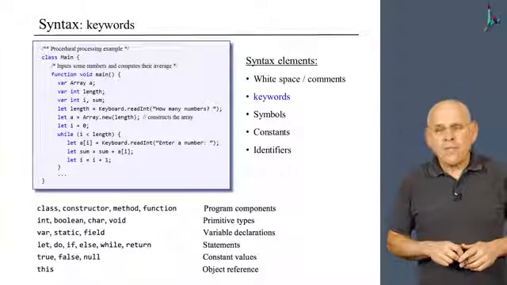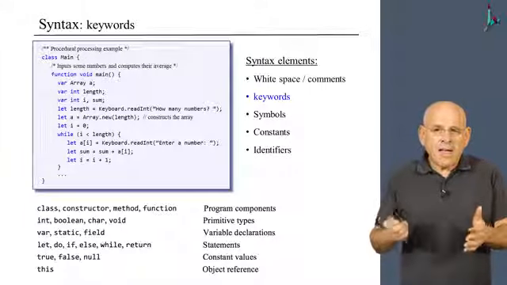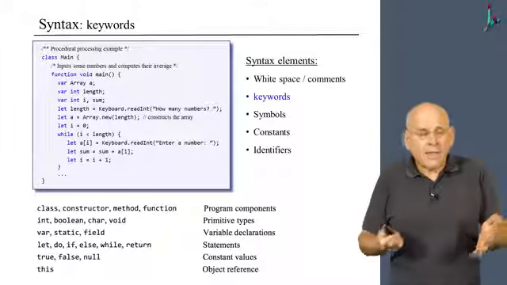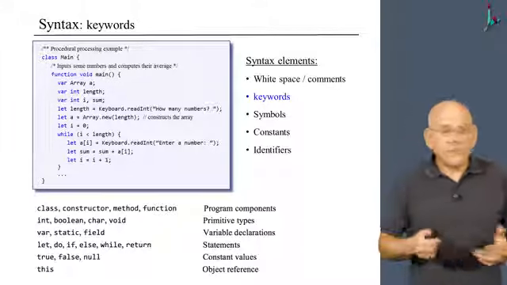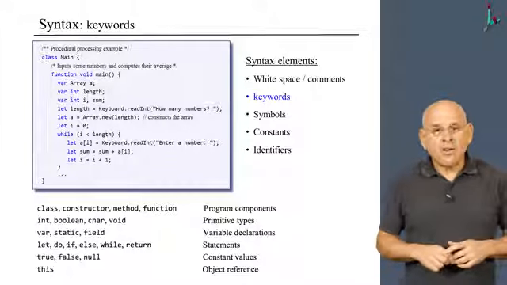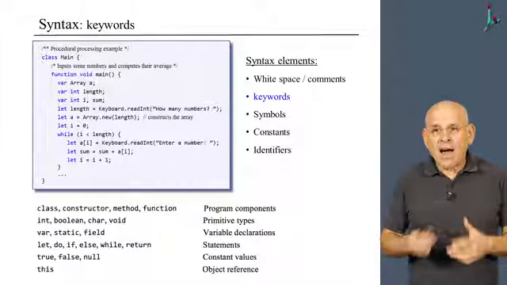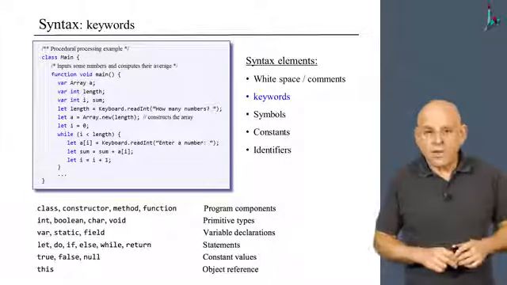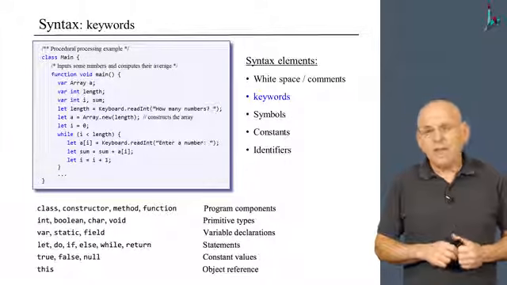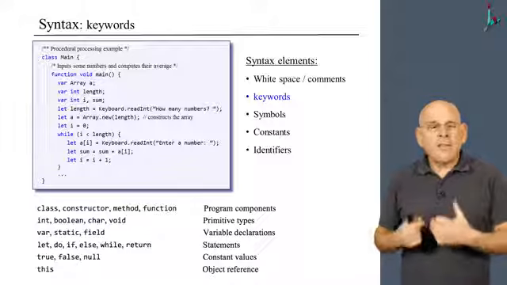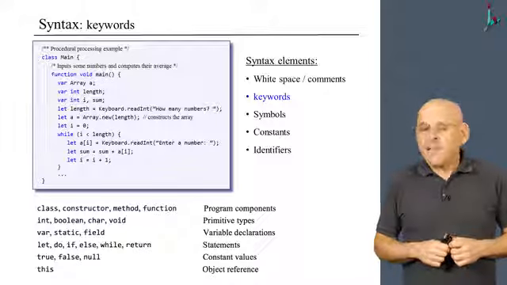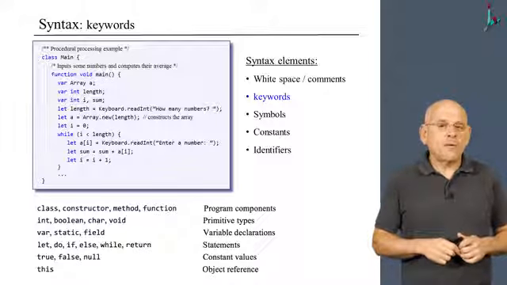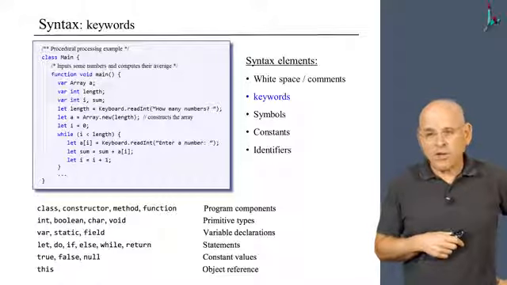Some of the keywords of Jack are standard, keywords like while, class, function, void. Other keywords are non-standard, like var, let, and do. The non-standard keywords were introduced to the language intentionally in order to make the writing of the compiler easier, as you will see in the next module of the course.